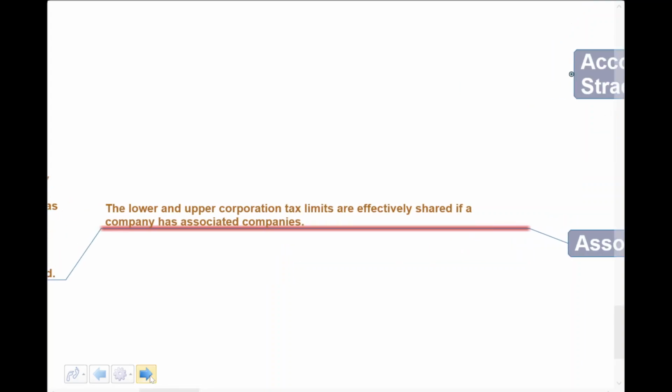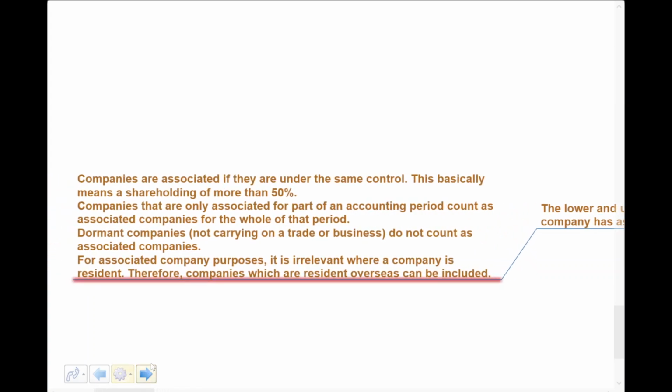In terms of associated companies, as we said up top, the limits are basically divided, or shared. Let's note what we mean by an associated company: a company that is impacting upon the LL of 50 and the UL of 250.